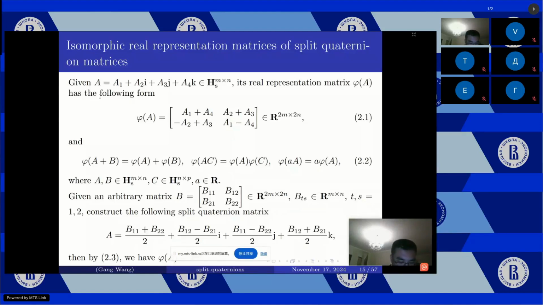This one-to-one correspondence ensures that the study of split-quaternion matrices can leverage their isomorphic real representation, offering an efficient framework for analysis. In contrast, traditional quaternion matrices correspond to a structural matrix form that often involves increased computational complexity.